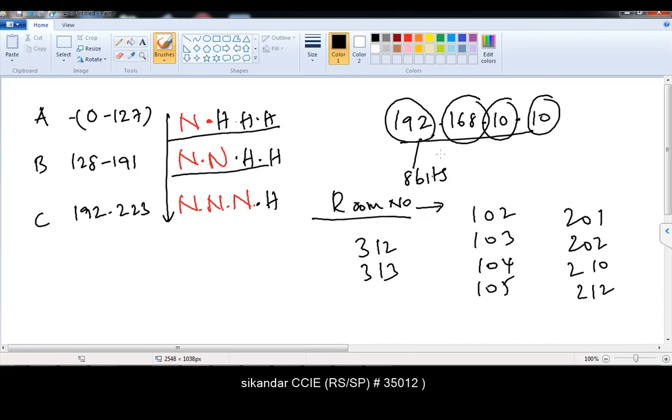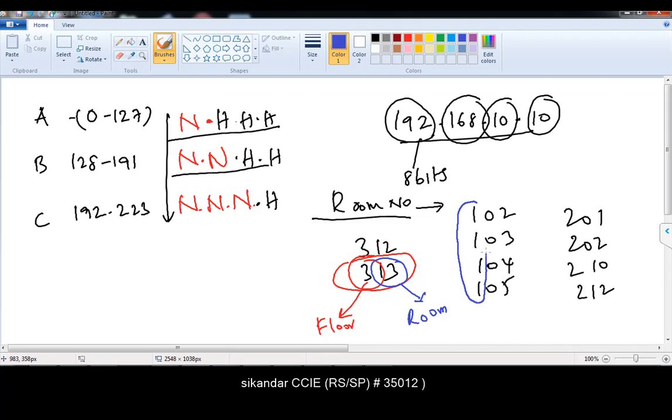Whenever we see 313, the first portion is common, and generally that represents the floor. Whenever I say 313, I understand it is on the 3rd floor, and on that third floor I got room number 13. This is what identifies the room number.